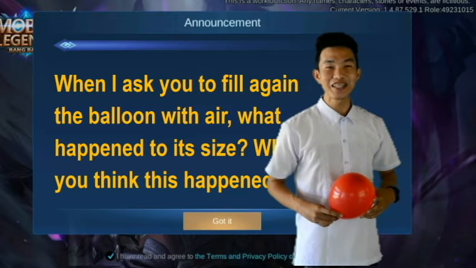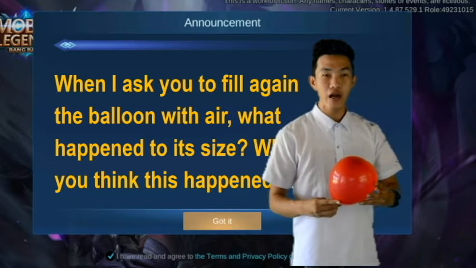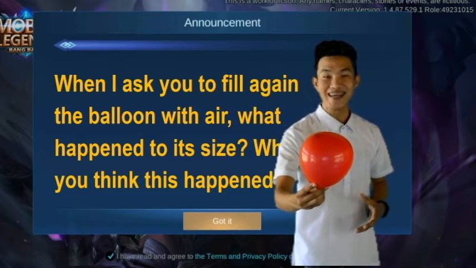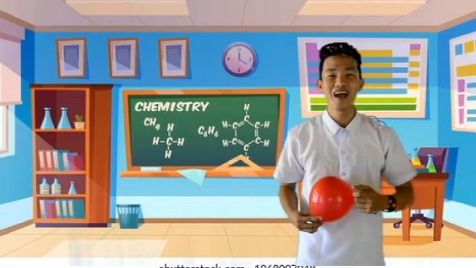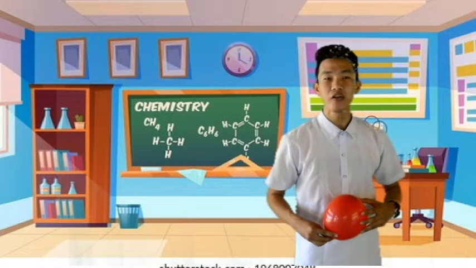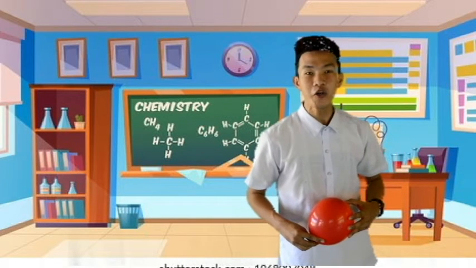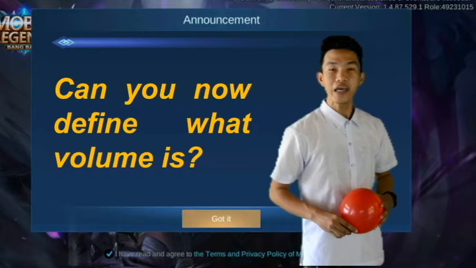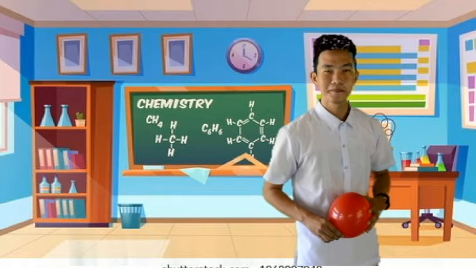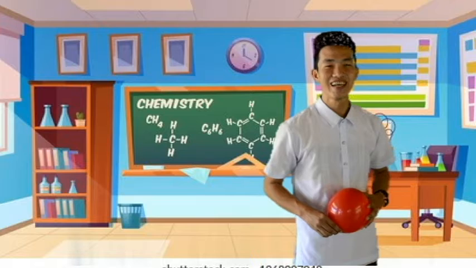When I asked you to fill again the balloon with air, what happened to its size? What a genius mind! Adding air inside the balloon increases the volume occupied. Can you now define what volume is? Great!